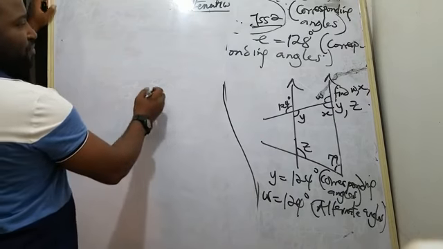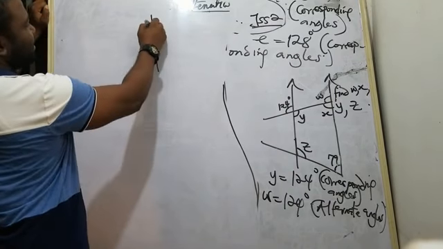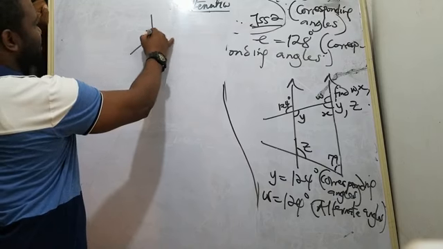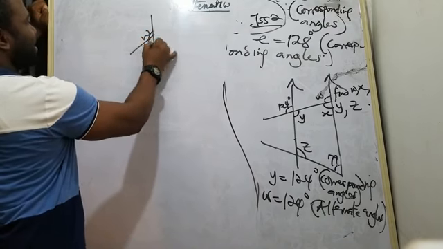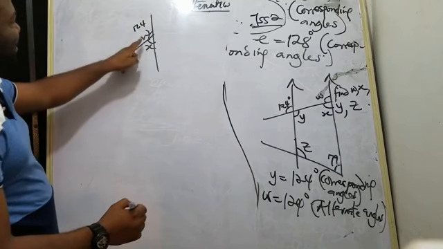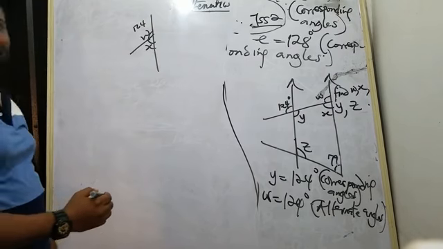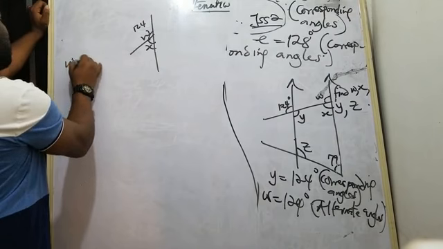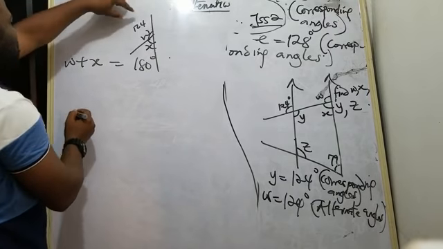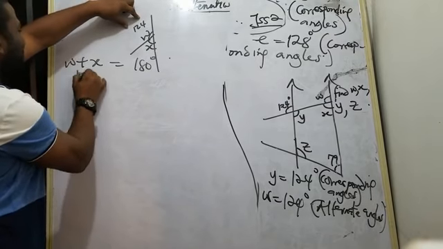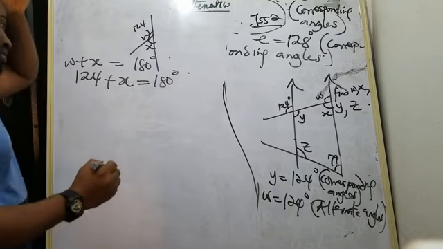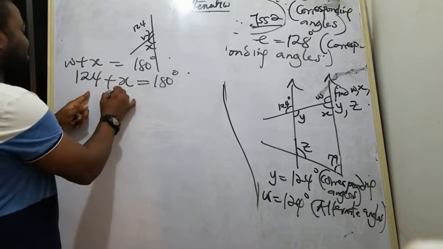For instance, let me clean this. Now, if you have, for instance, let's say this is our W, and this is our X. And what's our W? W is what? 124. You can easily get this angle. That's angle on a straight line, yes or no? So you know that W plus X must give you 180 degrees, yes or no? Very good. So W is 124 plus X must give you 180 degrees. Alright? So you collect like terms. X is here.